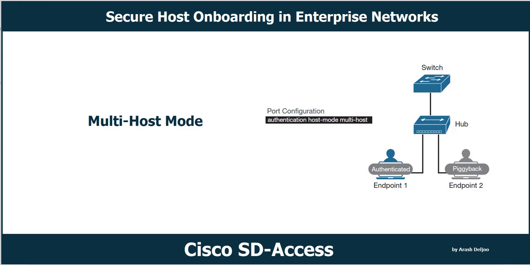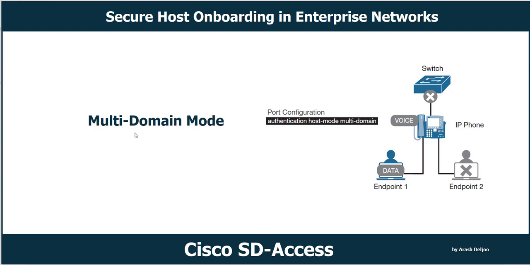In multi-host mode, the first MAC address attached is authenticated, and subsequent hosts attached to the port bypass authentication and piggyback on the first MAC address's authentication. As you can see here, this one is authenticated, and this is the piggybacked MAC address. Multi-host mode on the port, along with port security, can be used to manage network access for all the MAC addresses on a port.